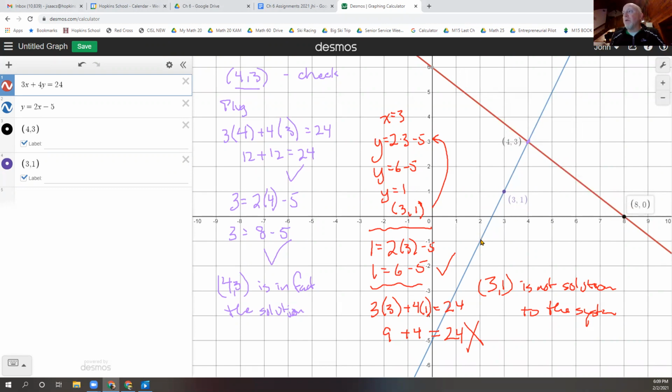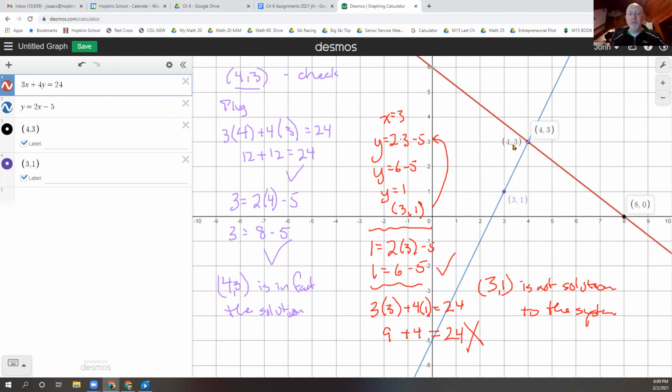If we're on the blue line, we come up to a point like this, 2, negative 1. If we plug in 2 for x, 2 times 2 is 4, minus 5, y is negative 1. So there's an infinite number of ordered pair solutions to the blue line and an infinite number of ordered pair solutions to the red line. But when you're solving a system, you're looking to find that common solution to both of them. So when you go to check, you've got to check in both equations.